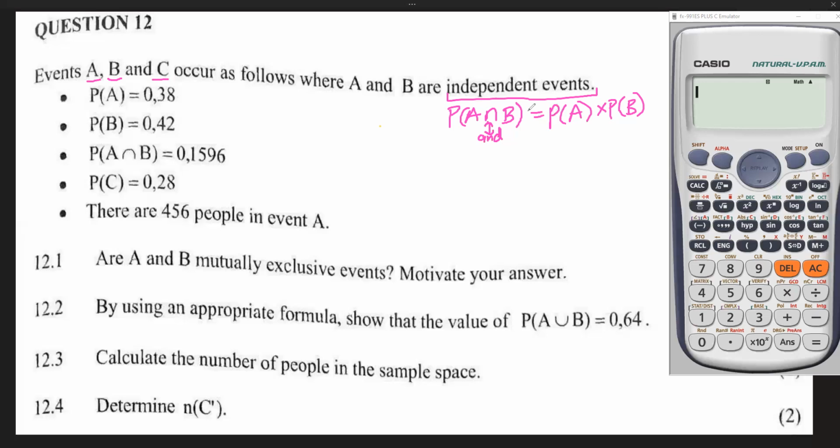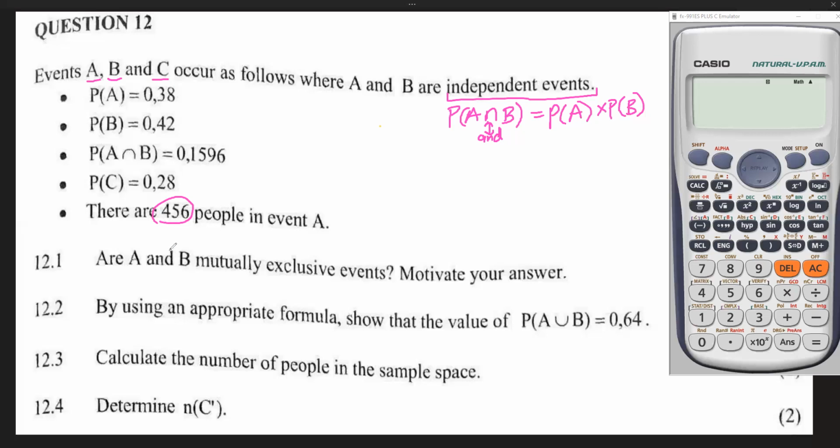Awesome. And then they gave me the probability of A, the probability of B, and the probability of A and B is given. And then the probability of C is also given, right? And then they say there are 456 people in event A. So this is the total number of people in event A.